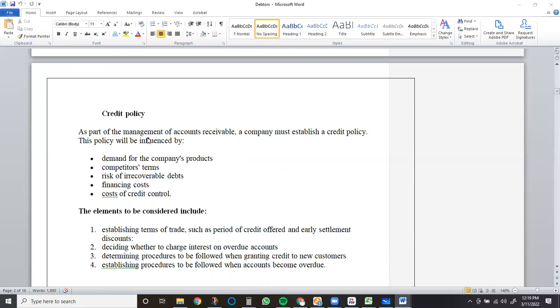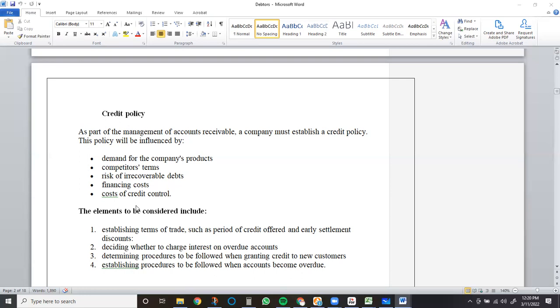So what we've got here is this policy, the accounts receivables policy, the credit policy, will be influenced by these things, because obviously if there's high demand for the company's products, it means that the company would probably want to give customers the opportunity to buy the product and extend some credit to them. The company must also look at what competitors are offering.